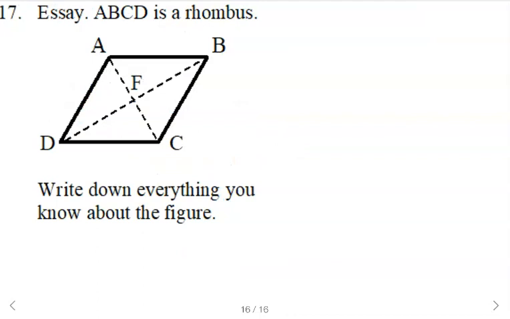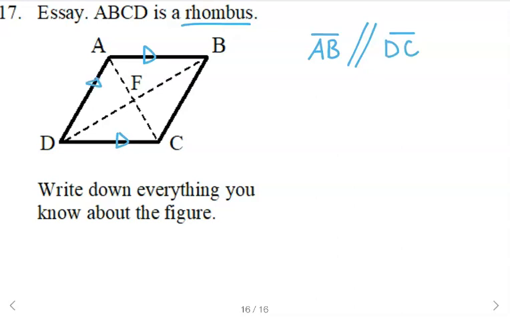All right, we want to state everything that we know about this. Well, if it's a rhombus, it's also a parallelogram and a quadrilateral. Since it's a parallelogram, we know that opposite sides are parallel. So we could say AB, that segment, is parallel to DC.